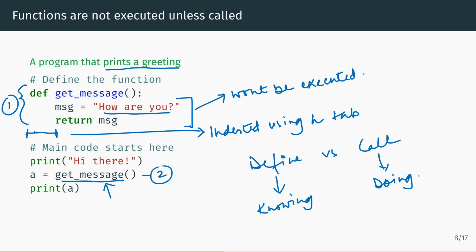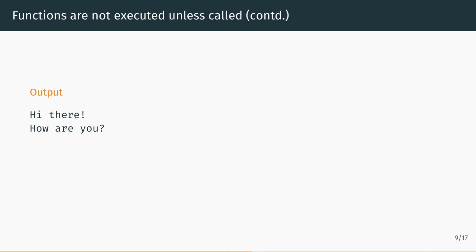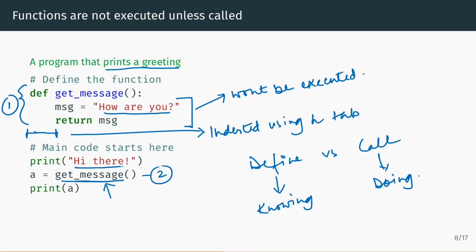Now a function will not be executed unless it's called. Also, the function would be executed in the order in which it's called. So in this example, the output would be hi there, how are you. Because hi there is printed first, and then we get the message which returns how are you, and then we print that message.